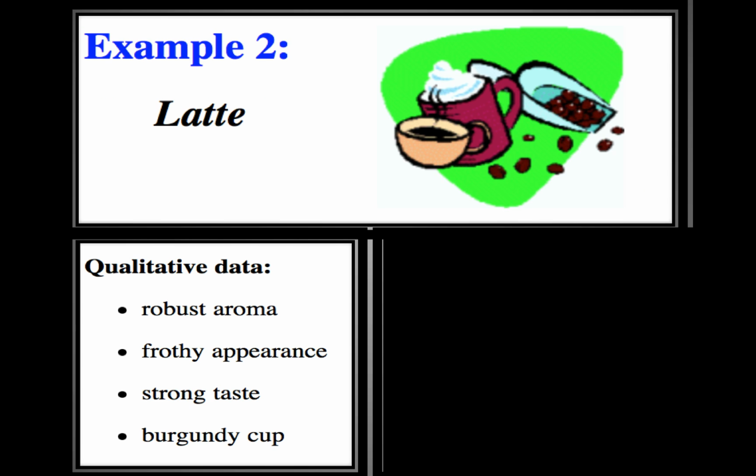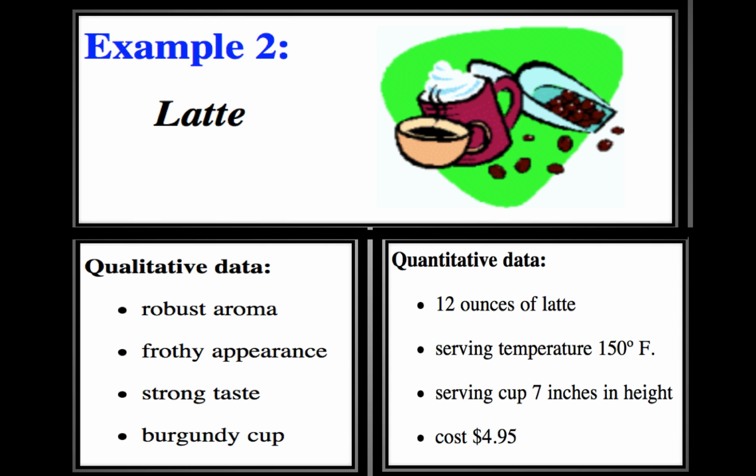What about example number 2, a nice latte? Qualitative data: robust aroma, frothy appearance, strong taste, burgundy cup. Quantitative would be 12 ounces of latte, a serving temperature of 150 degrees Fahrenheit.